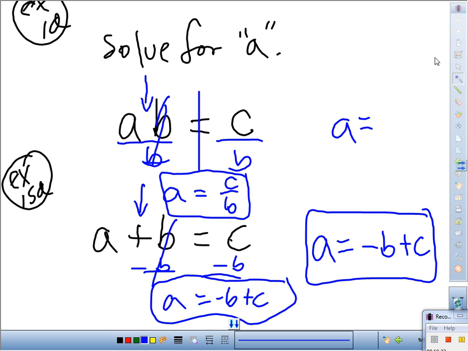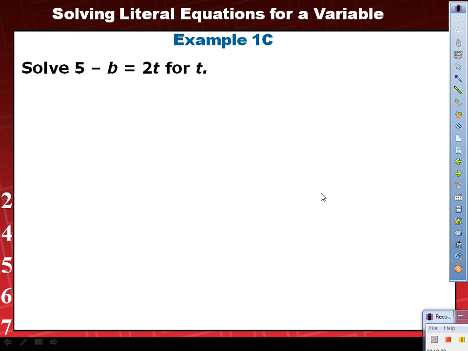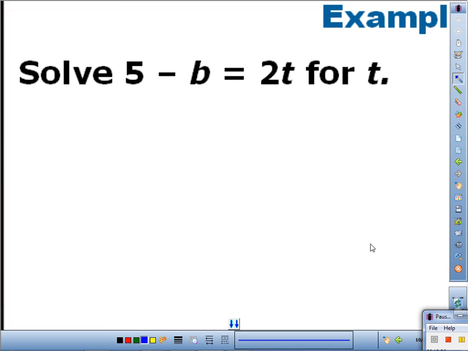Okay, let's move on to some funner stuff. Yay! Example 1C. Let's see how you do with that one. Go. All right, let's see. What'd you get for this one, Colton? Oh, so you're going, oh, okay.